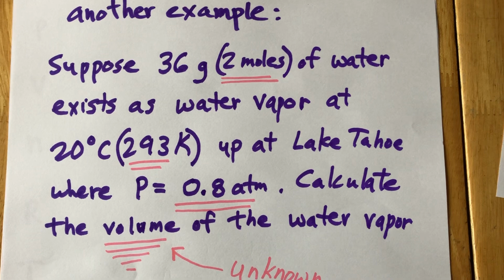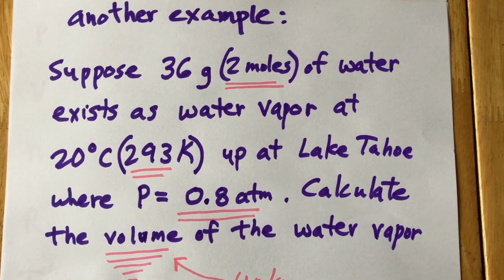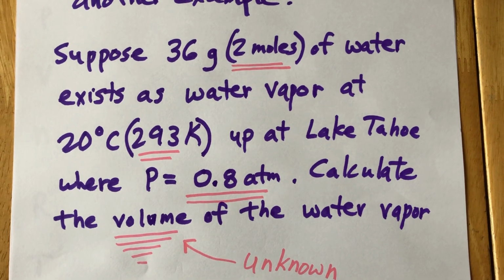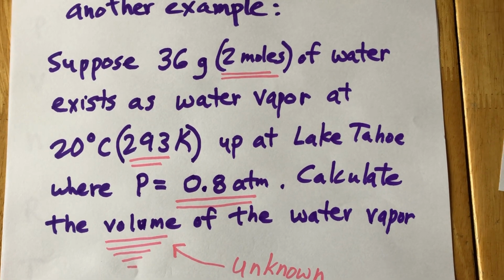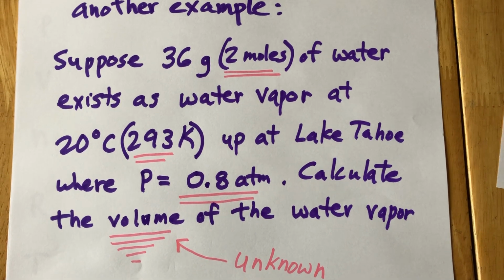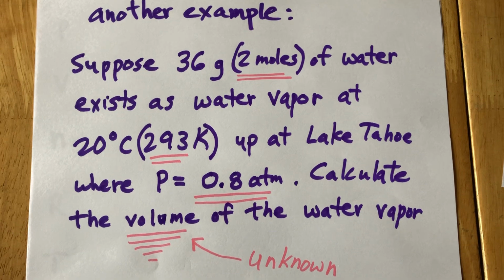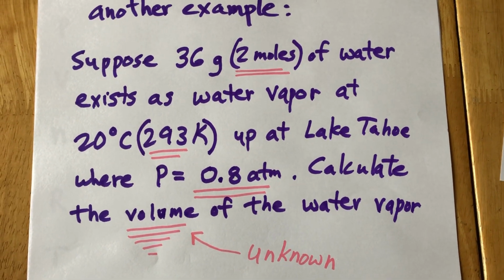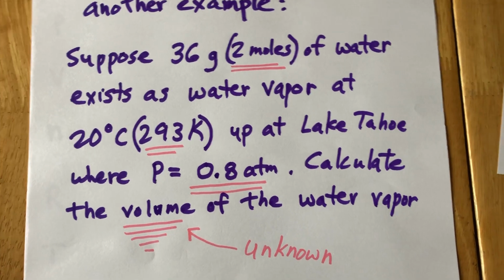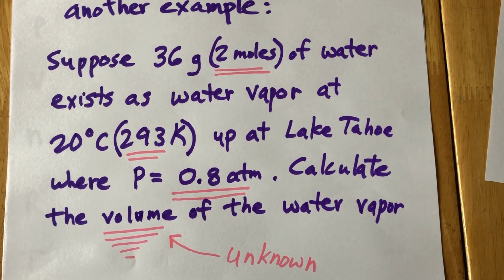It exists as water vapor at 20 degrees Celsius, up at Lake Tahoe where the pressure is 0.8 atmospheres, lower than it is here at sea level. You're supposed to calculate the volume that much water vapor would occupy. If you're taking good notes, you would copy this down as the problem.